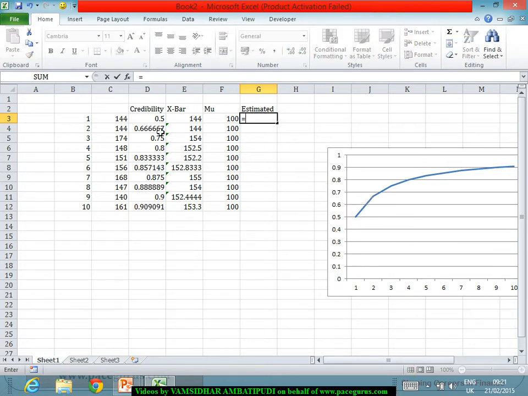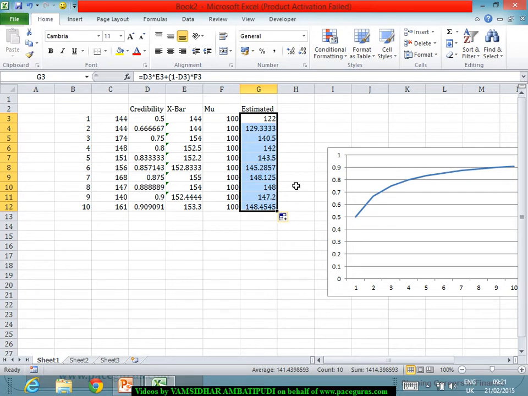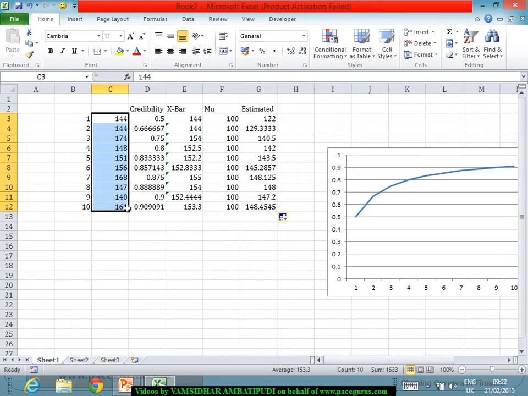Estimated value is nothing but z times the X bar plus 1 minus z times the mu. Now this is giving me the estimate for the next period. These are the estimated numbers. These are the actuals. These are the estimated in each of these periods.